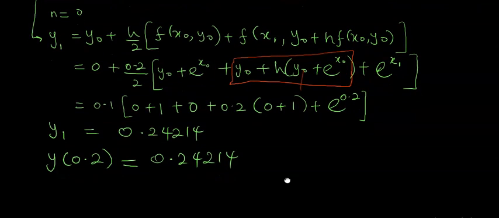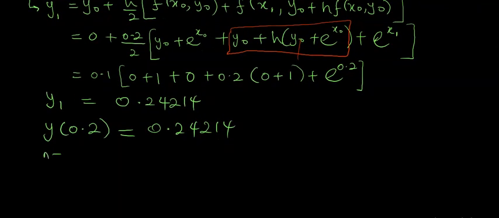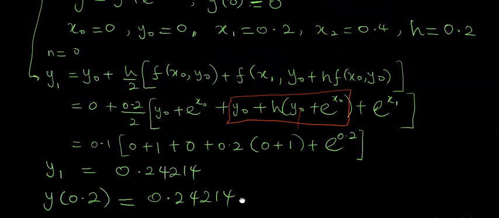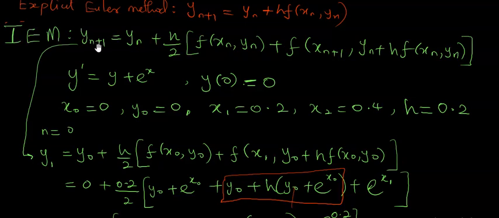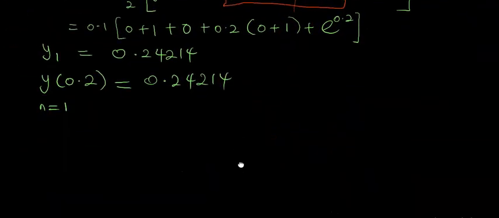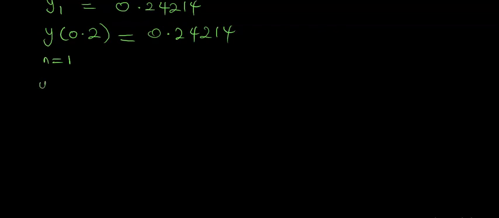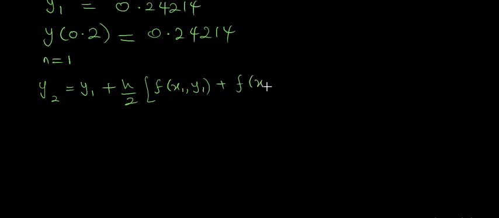Okay. Now the next one is, we say for when n is equal to 1. So we go back to the equation when n is equal to 1. So this becomes y2 and the likes. So we can have y2 equals y1 plus h over 2, then f of x1, y1 plus f of x1, comma, y1 plus h f of x1, y1.